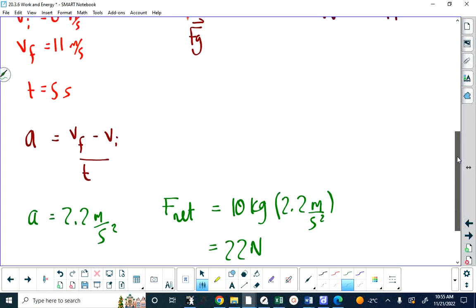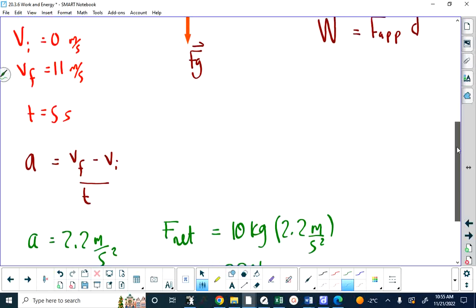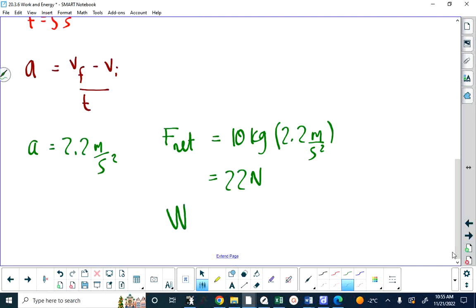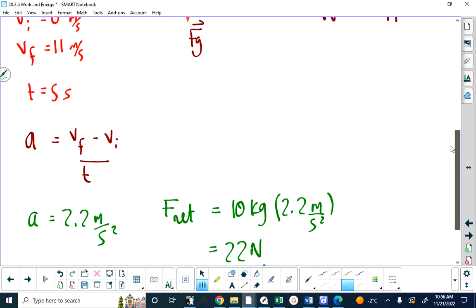Now I can calculate the work. Work equals the applied force of 22 newtons times the distance. Oh man, we don't know the distance, do we? I don't think we were told the distance. So we're going to have to use a formula to find the distance.